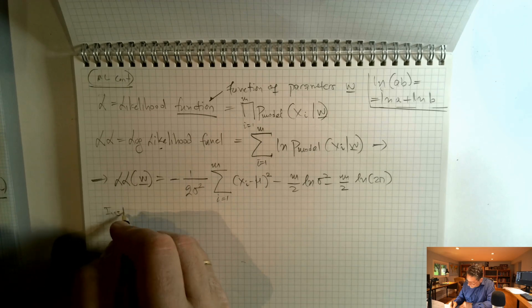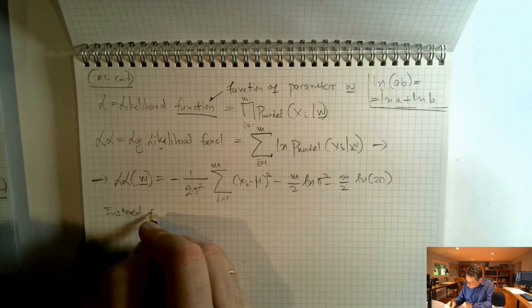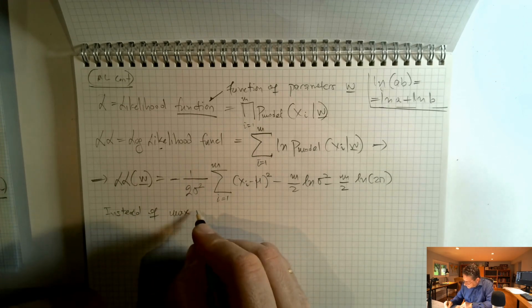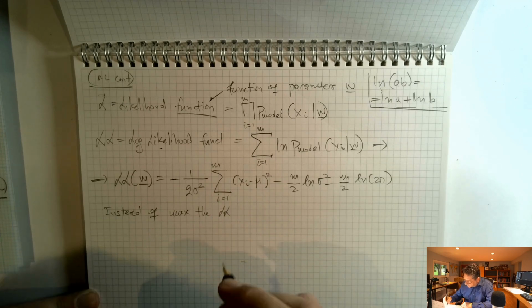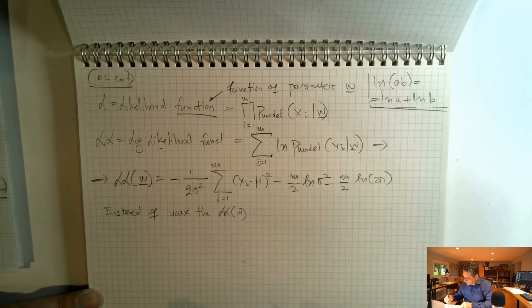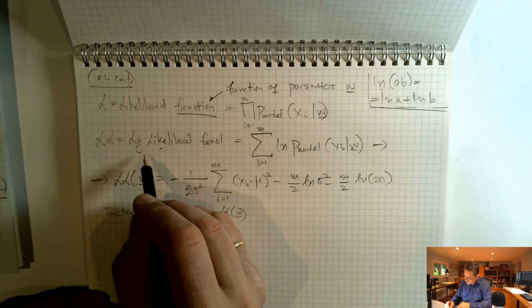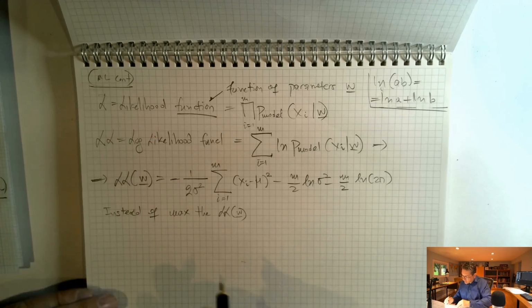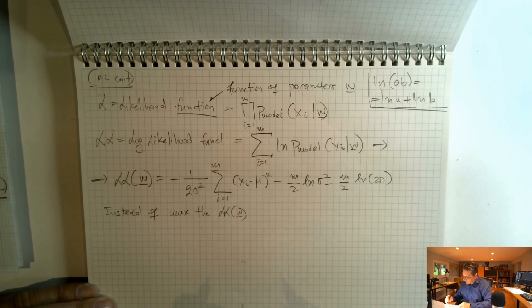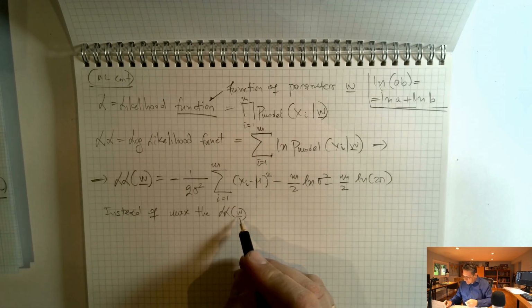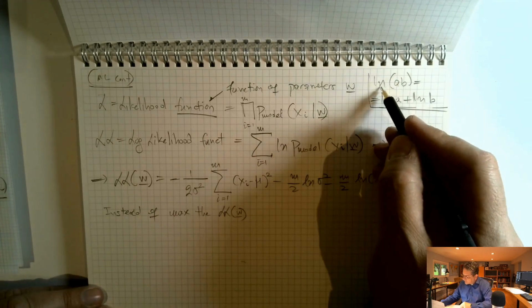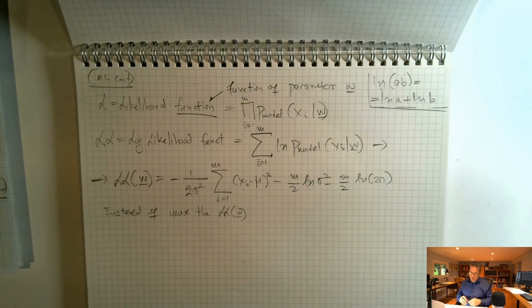So instead of maximizing the log likelihood of W, and we are entitled, if I may say so, to use the log in front of the likelihood function, it will result in exactly the same parameter vector W, because the log is a monotonic function.